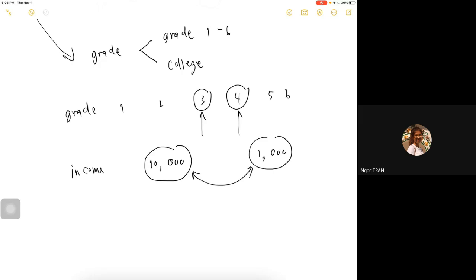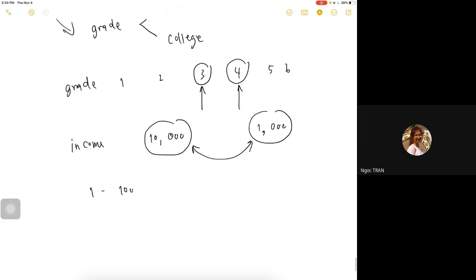But for interval, you might see it in some questionnaire. For example, from 1 to 100, from 101 to 200, from 201 to 300, something like that. For example, this is your income range. This is the interval variable.